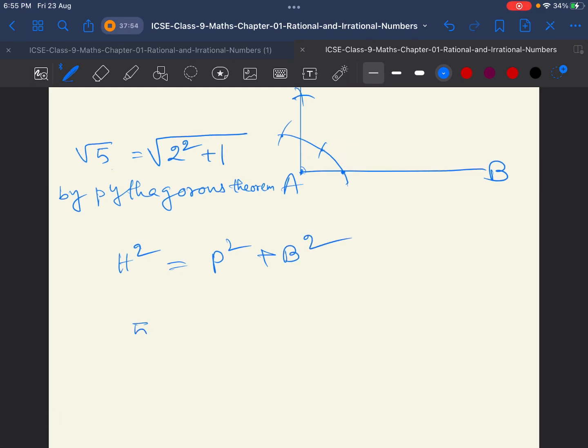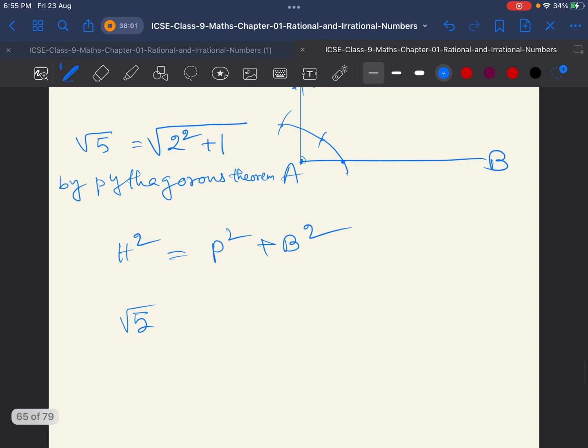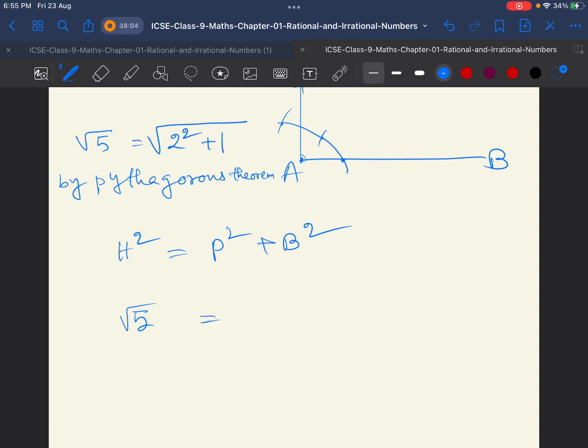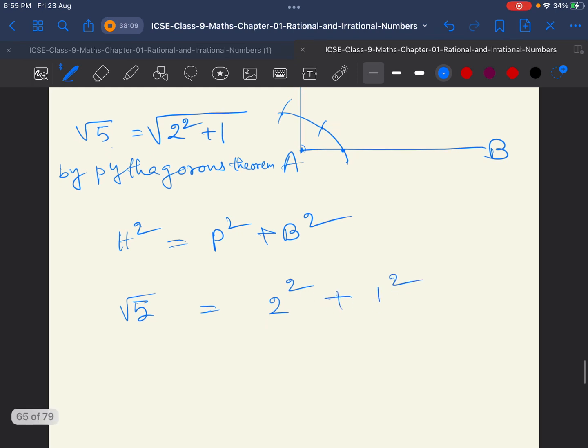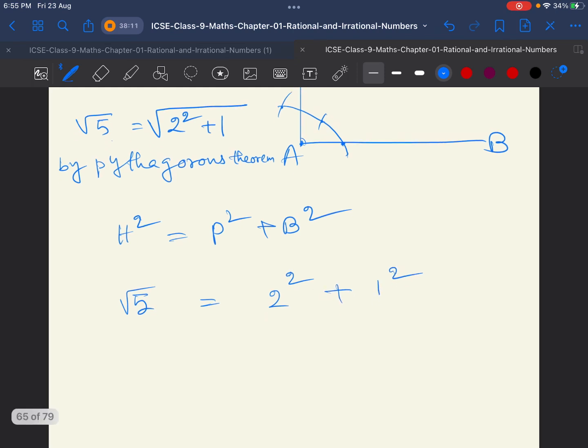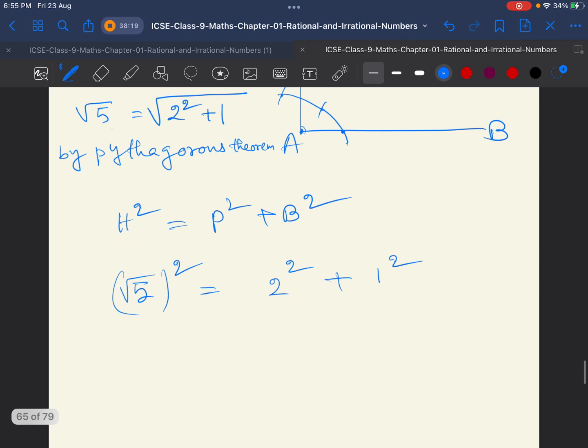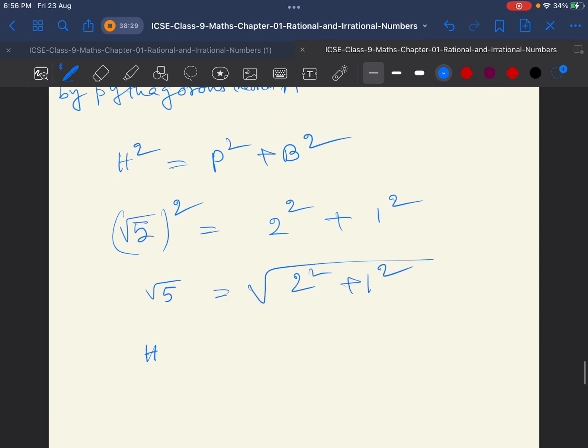So here the hypotenuse is root 5, which equals the square root of 2 square plus 1 square.